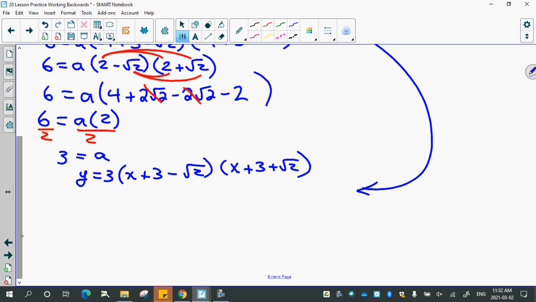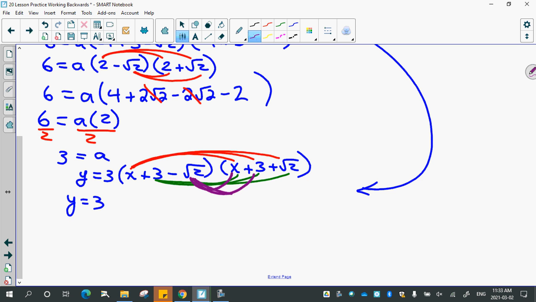And now is where the 9 multiplications come in. So you've got the 9 of them. 3 here, 3 here, and 3 here. Anyone want to give me your 9 multiplications?